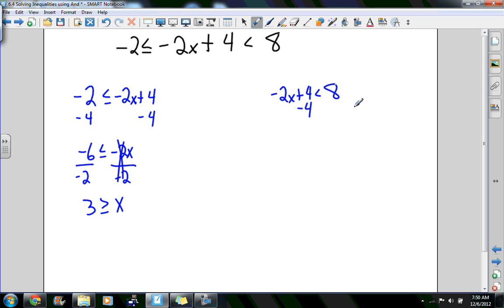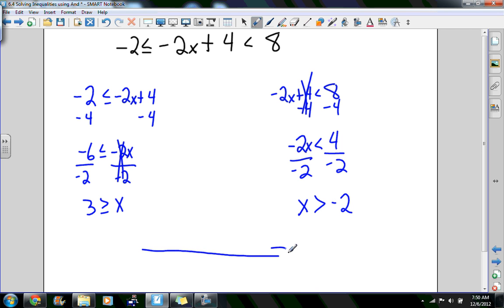Or sorry, less than. -4. Once again, we're going to have to flip the sign. So it's going to be greater than -2, and it's going to be less than 3. Oop, not shaded over here. There we go. This way.